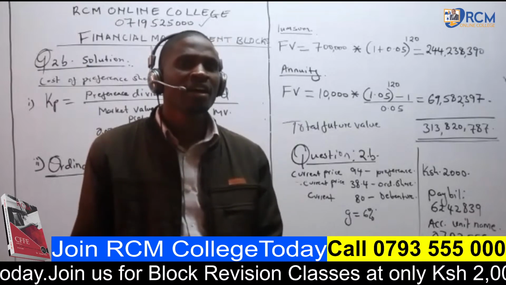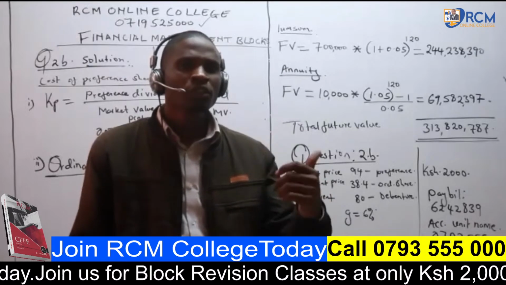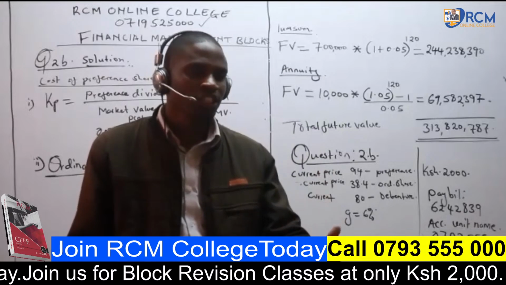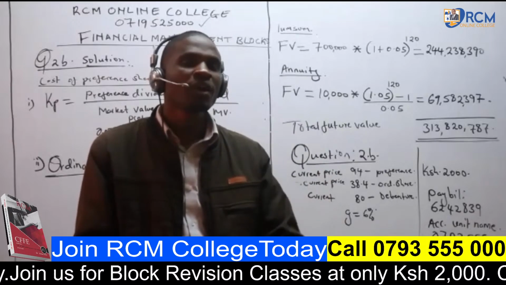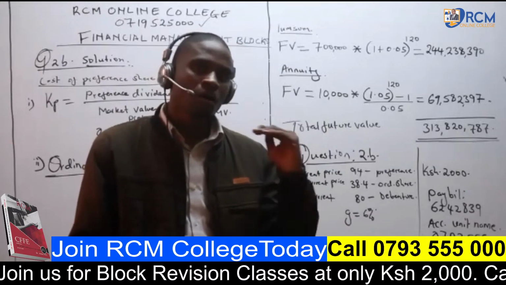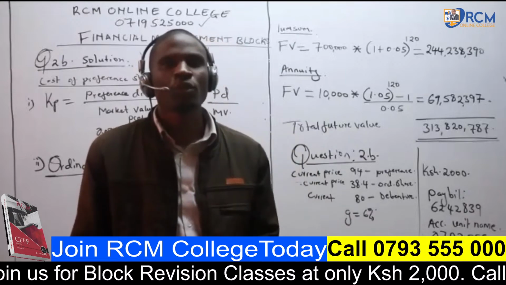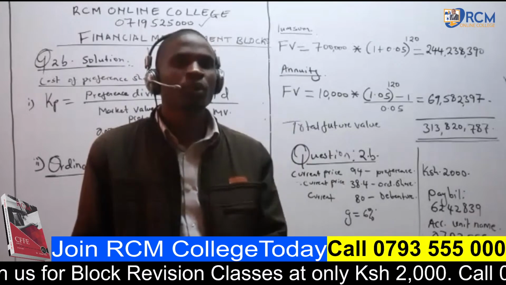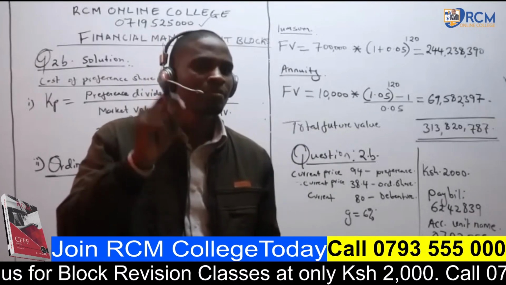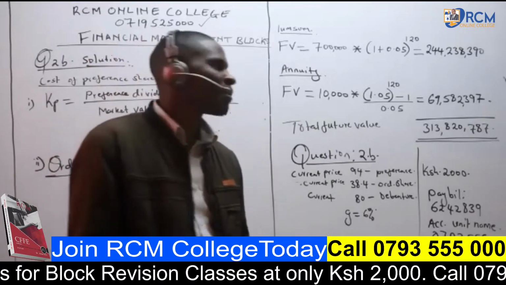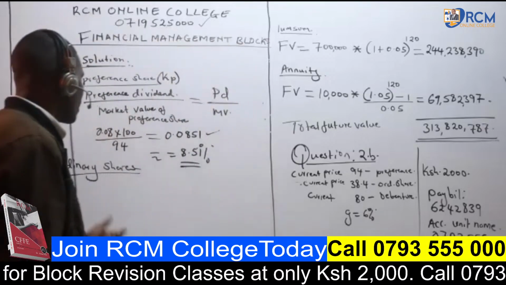Because we say that the cost of ordinary share is equal to the cost of retained earnings under weighted average cost of capital, which is not the case in the weighted marginal cost of capital. That marks the big difference.